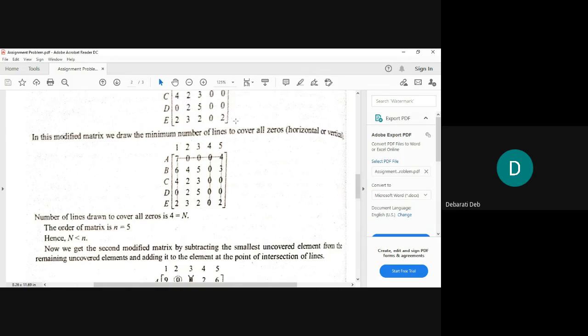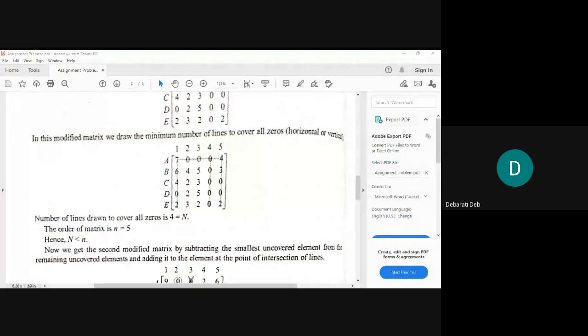Once you finish drawing the lines, you should think of other possibilities as well, whether it can be drawn in another way, so that the number of vertical and horizontal lines is minimum.